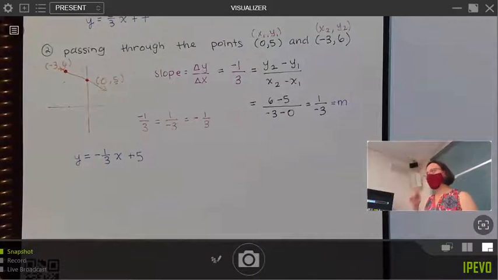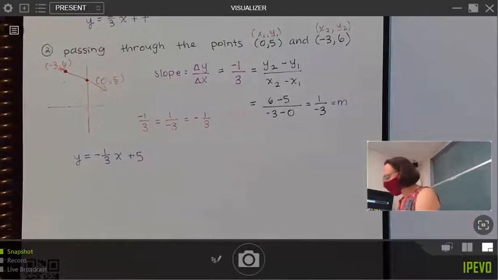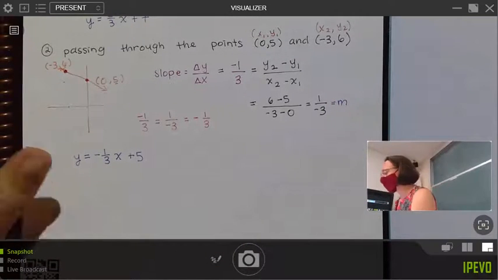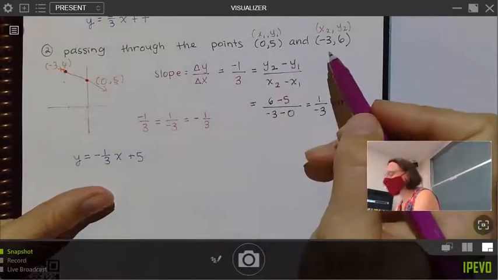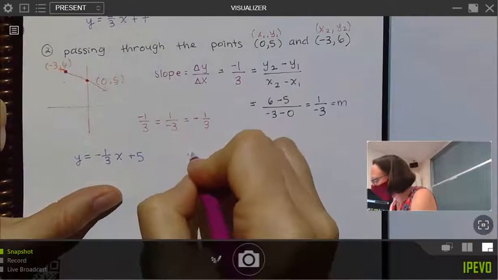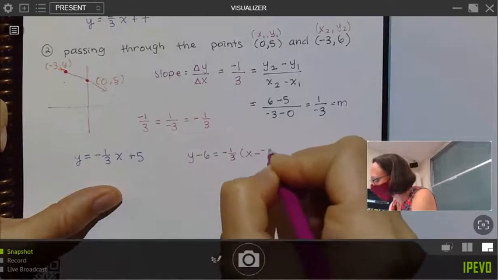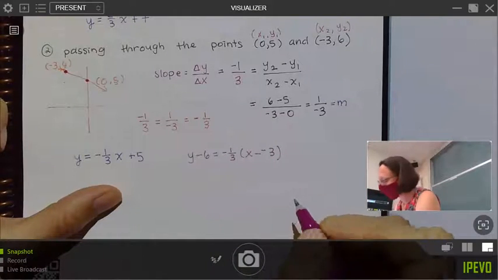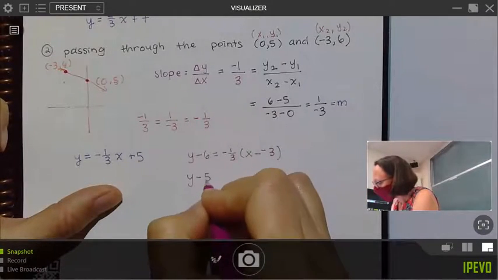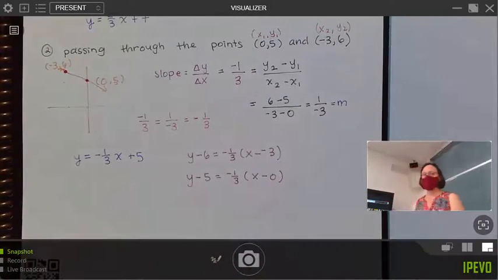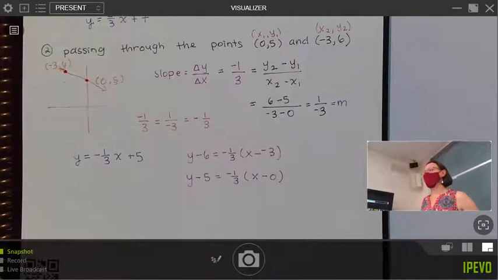The other choice that we can make is to use our slope-point form, and choose either of the points to write y minus 6 is equal to our slope times x minus -3. Or y minus 5 is equal to our slope times x minus 0. Any of those is totally valid. You are completely done. You have written the equation of a line.